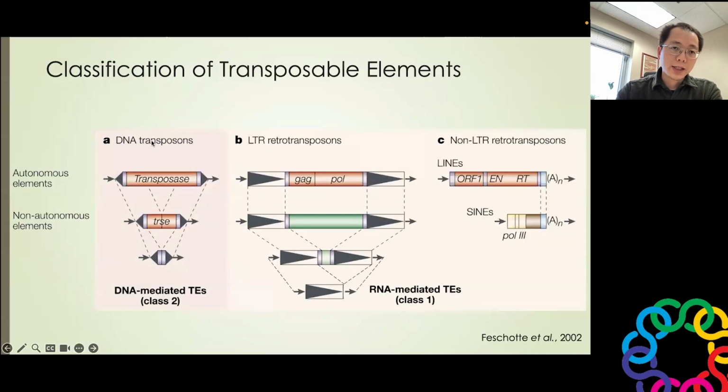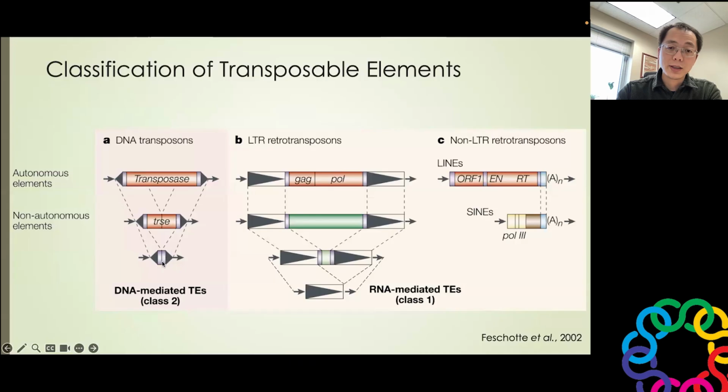And we can further classify DNA transposons based on their presence of the transposase, or the protein machineries that facilitate their mobility. With the machinery, we call it autonomous elements. Without the machinery, we call it non-autonomous, meaning the element needs other machineries to supply the movement, not by themselves.